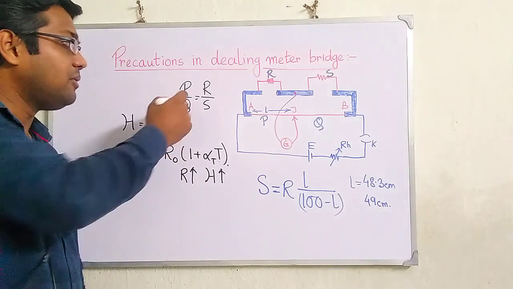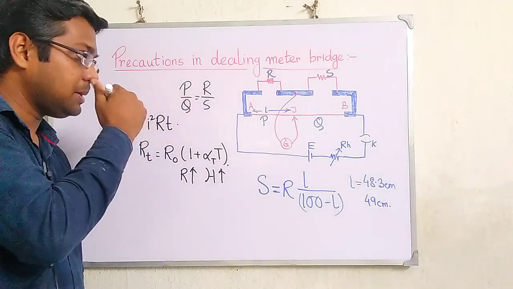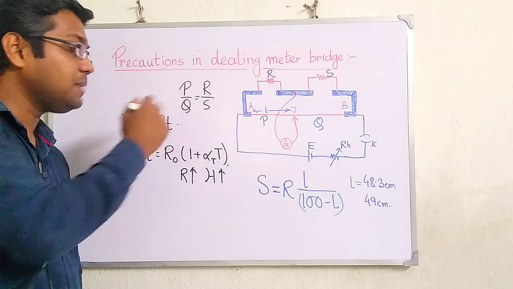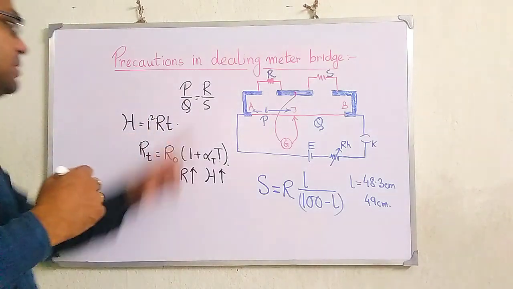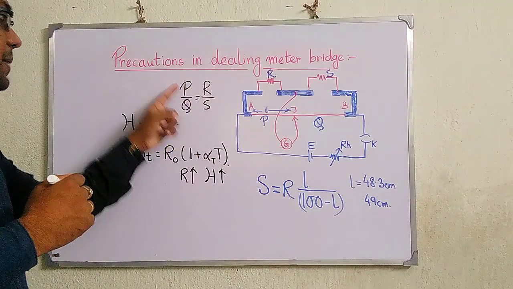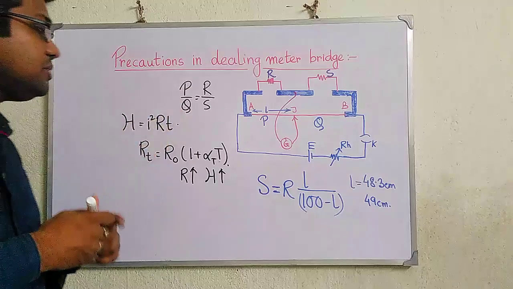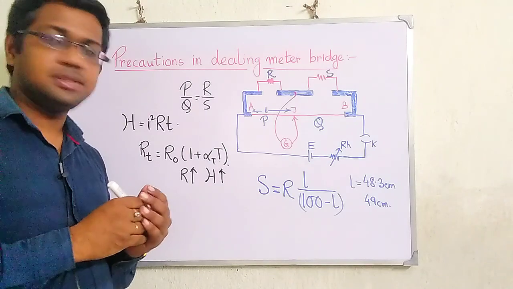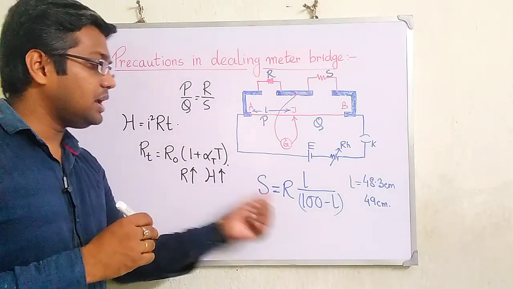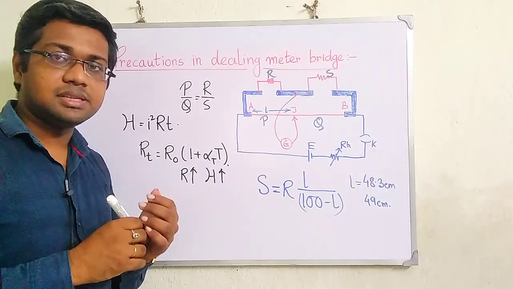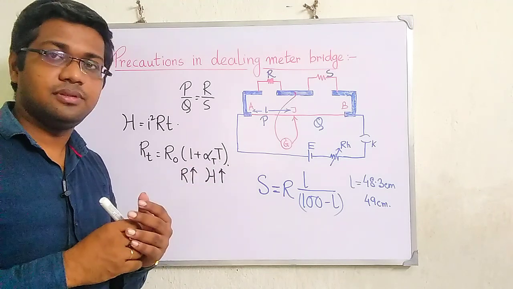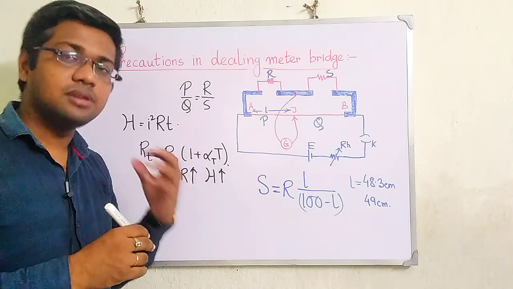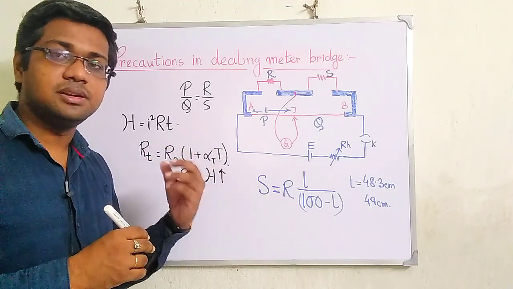So that's why, in the null point condition, if the resistance is shifted, the ratio P by Q will be shifted. So the readings taken will be completely erroneous, and we have to remove this error.